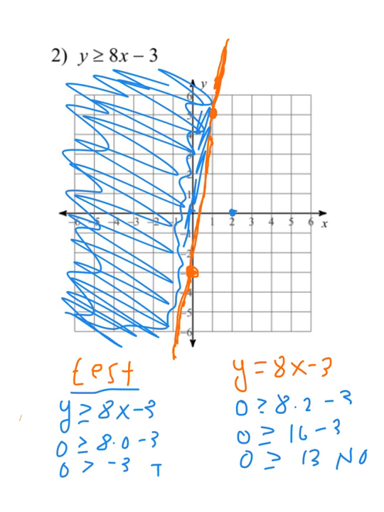No. Okay, that's false. So if you were to originally pick this point, 2, 0, plug it into the inequality, and the answer is false, then you know that the solutions are not on this side, and they are on the other side, and you would still shade this side.